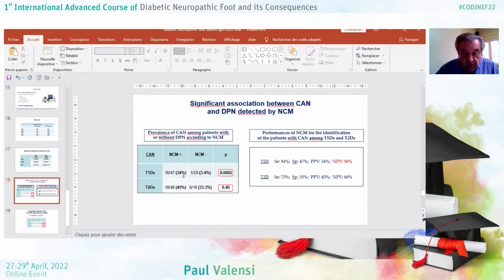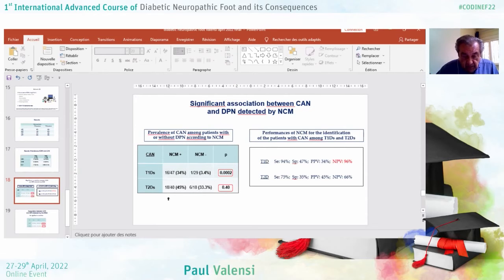So 1/3 of the type 1 patients with peripheral neuropathy had CAN, against only 3% of patients who were free of peripheral neuropathy based on NCM. And the difference, of course, is quite significant.